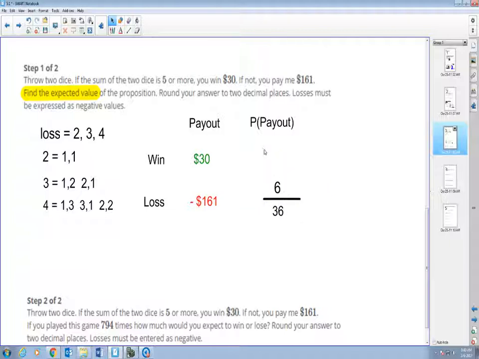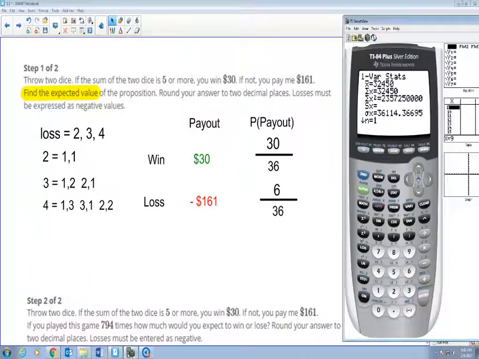Winning got to be the other 30 ways out of 36. Alright. So that being said, rather than do this by hand, I'm going to put it in the calculator.